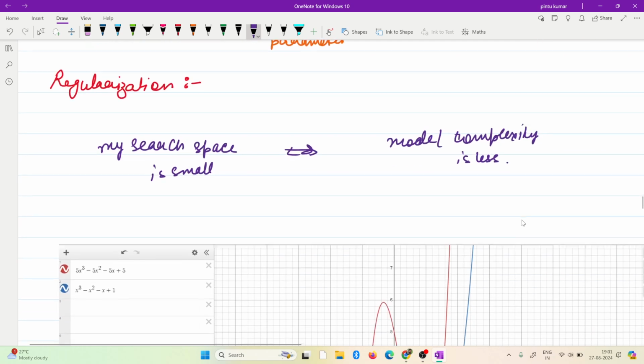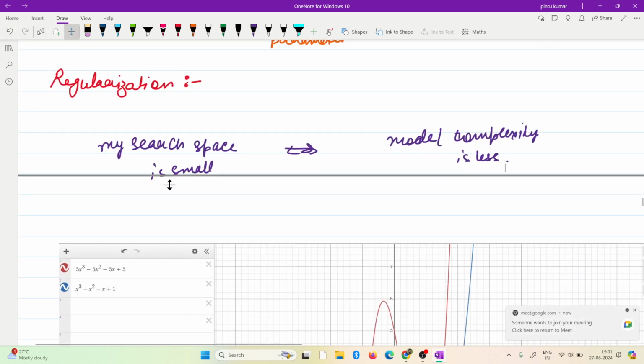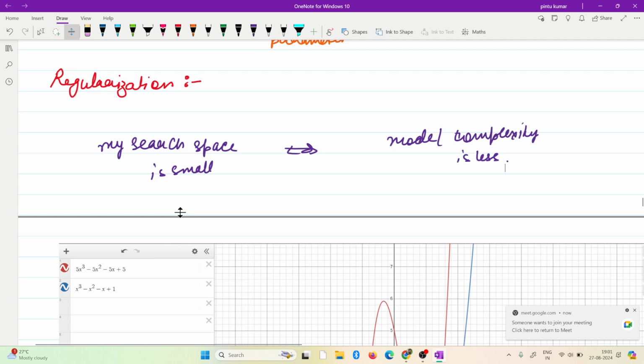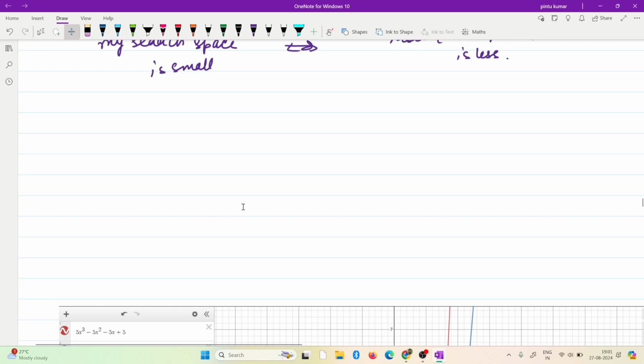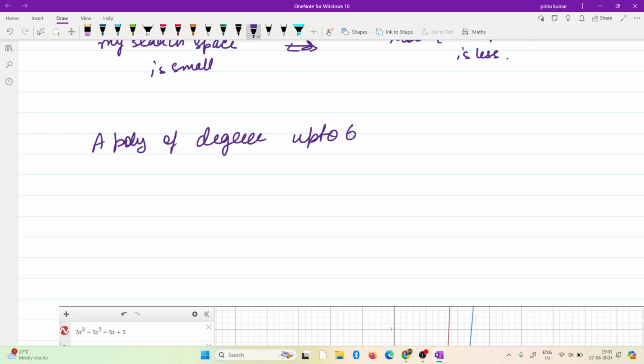So let's say you chose a polynomial of degree up to, let's say, 6. And you see that you are overfitting.